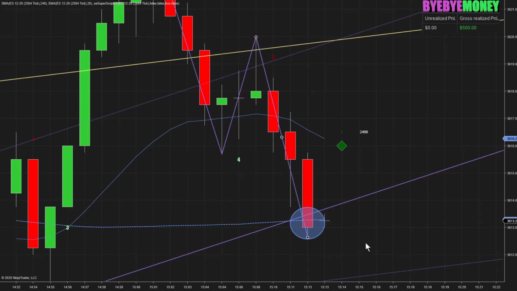Need a good signal bar. Hit the key area. Looking for a good signal bar.